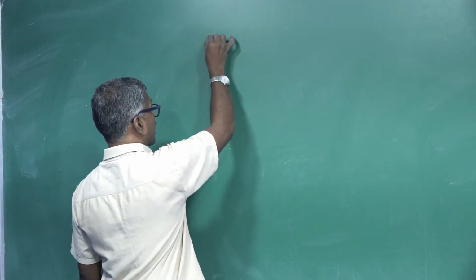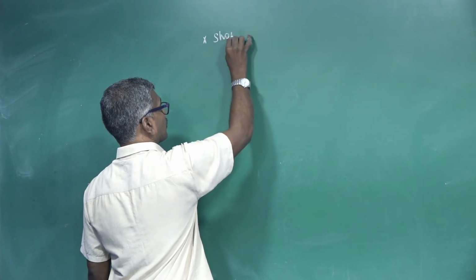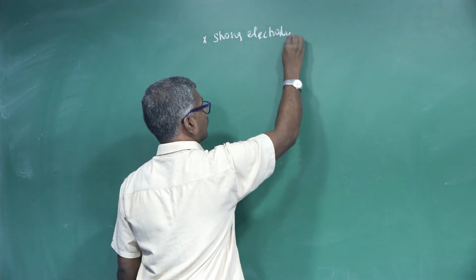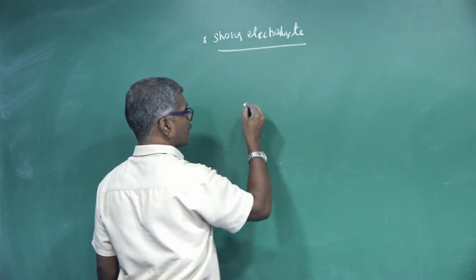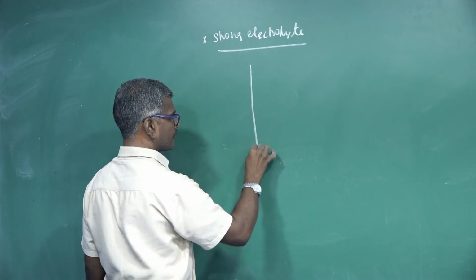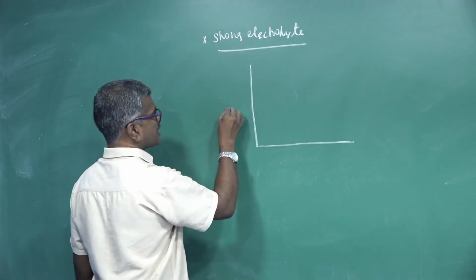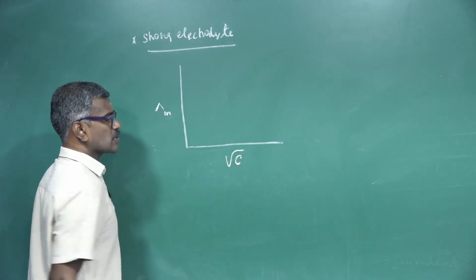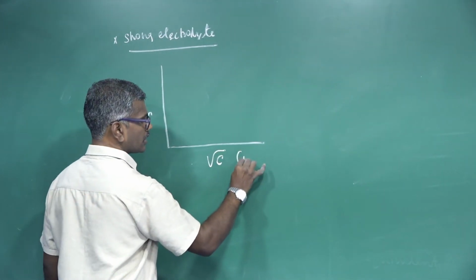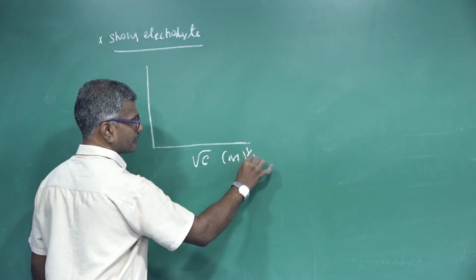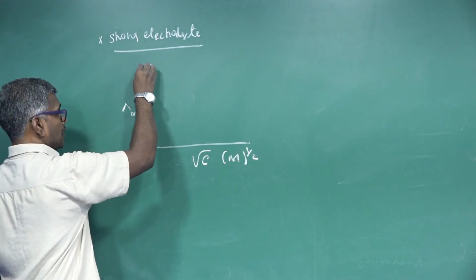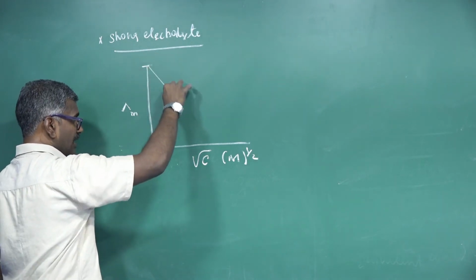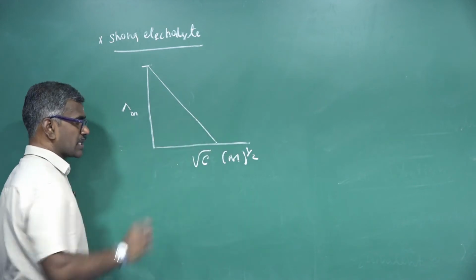For the strong electrolyte, plot a curve between molar conductance and the square root of the concentration, unit mole per liter. Here, molar conductance decreases with an increase in concentration.